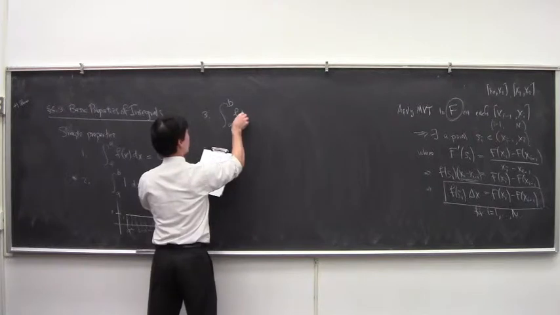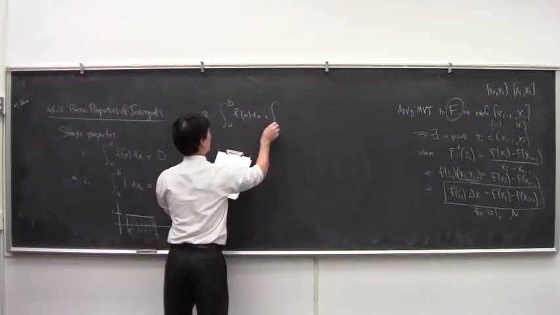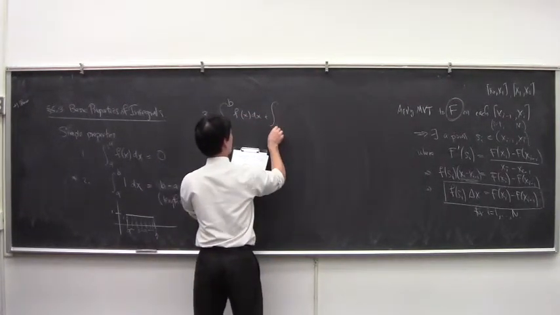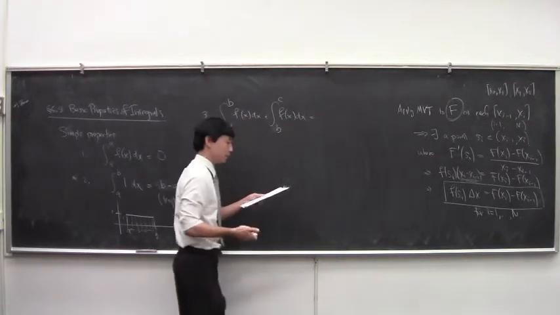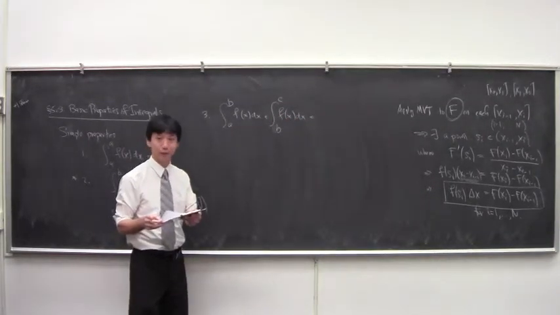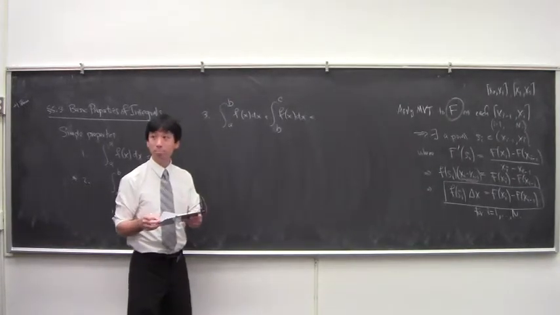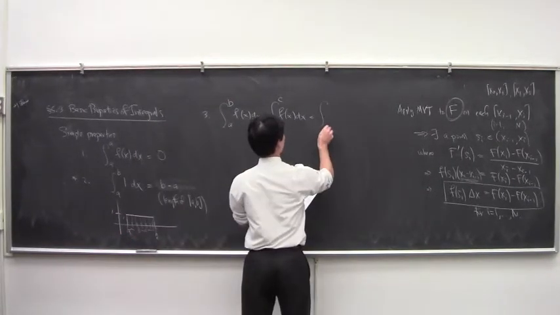The integral from a to b plus the integral from b to c is going to be equal to what? The integral from a to c.